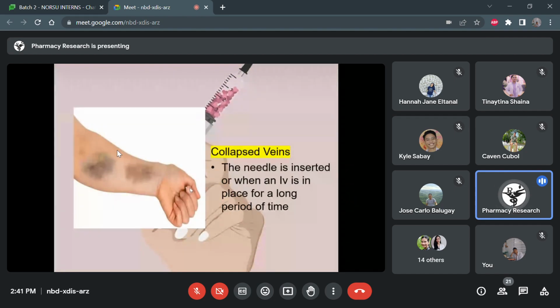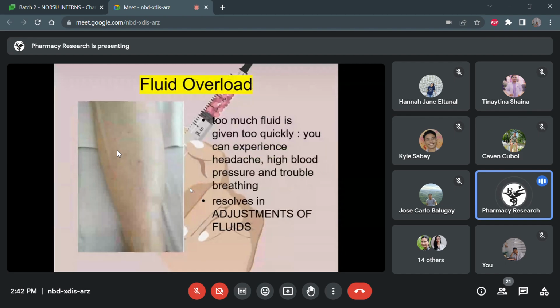Then another cause from using too many IV fluids is collapsed veins. This happens when the needle is inserted, or when an IV is in place for a very long period of time. Then there is fluid overload, like edema, where it swells because there is too much fluid.